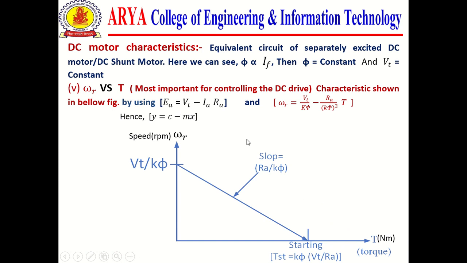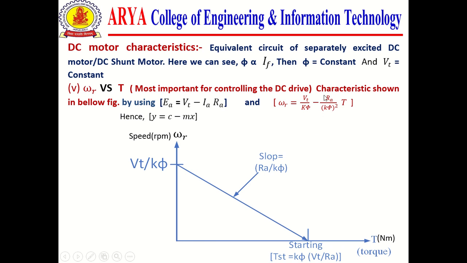In DC motor characteristics, all parameters are the same because we talk about a DC shunt motor or separately excited motor, so flux is constant. With the help of these relations, now come the relation of speed and torque.